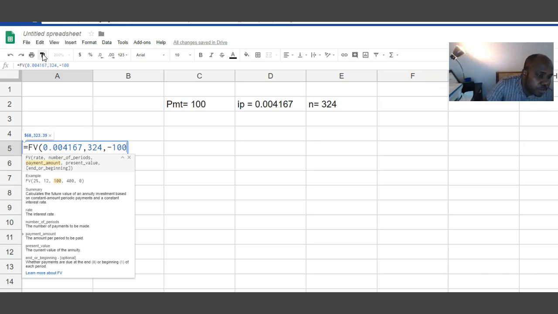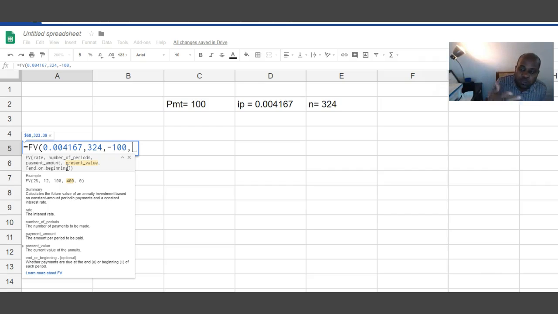So number of periods, what else? Now, payment, excuse me. So it's rate, number of periods, payment, present value. We don't have any present value. The way it is, at the end of every month I put $100. Although I can compute the present value, the way the problem was, there wasn't any initial deposit.